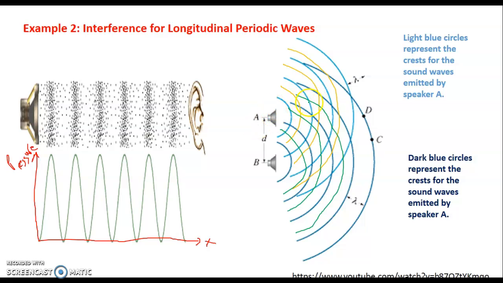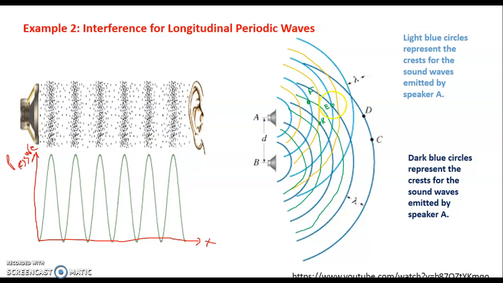If I call this one F, this one E, and this one K. You can see that F is the intersection of a crest and a trough, of the crest of A and the trough of B. So crest and trough, this is destructive interference.